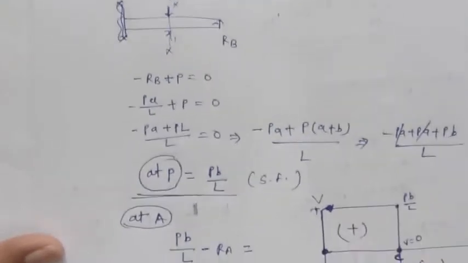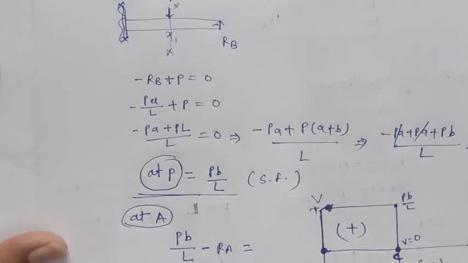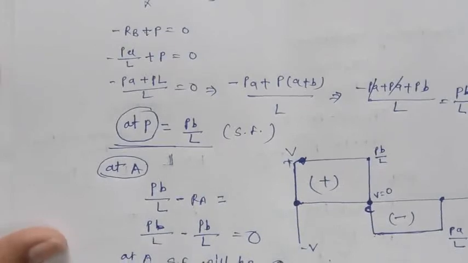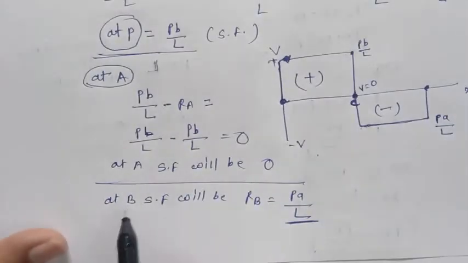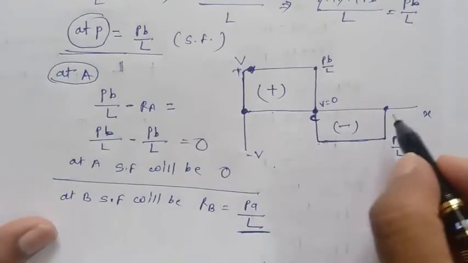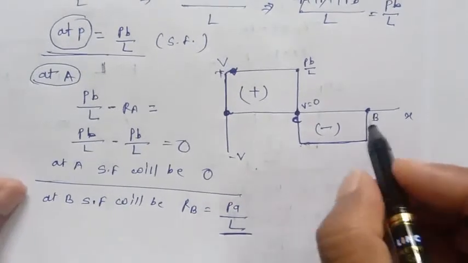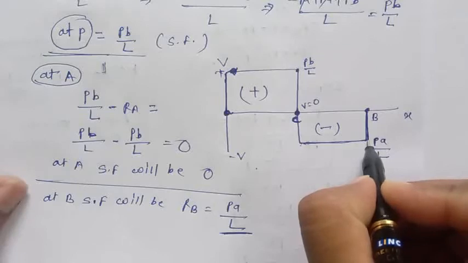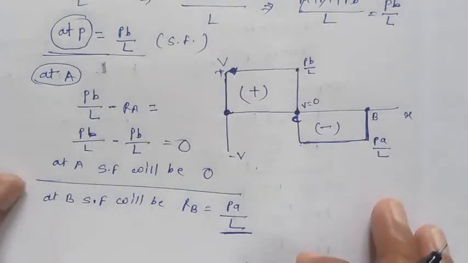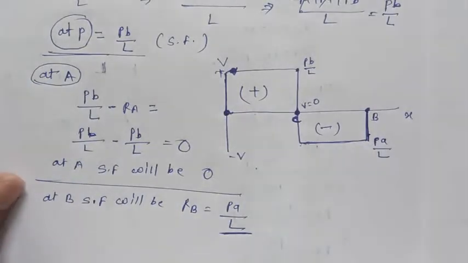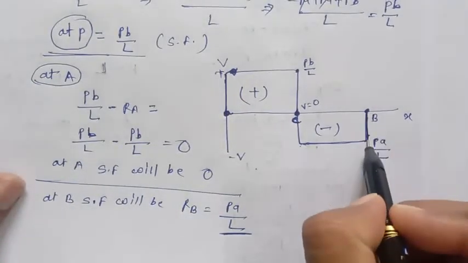Then to calculate the shear force diagram, you have to follow these steps: at B, what is the loading condition, and what is the value at B. Here we calculated that at B the shear force will be RB, that is PA by L. At this particular point B, there will be a vertical line because a point load is there, but on the downward side, because RB is an upward force, which we take as negative, so it will go to the negative side.